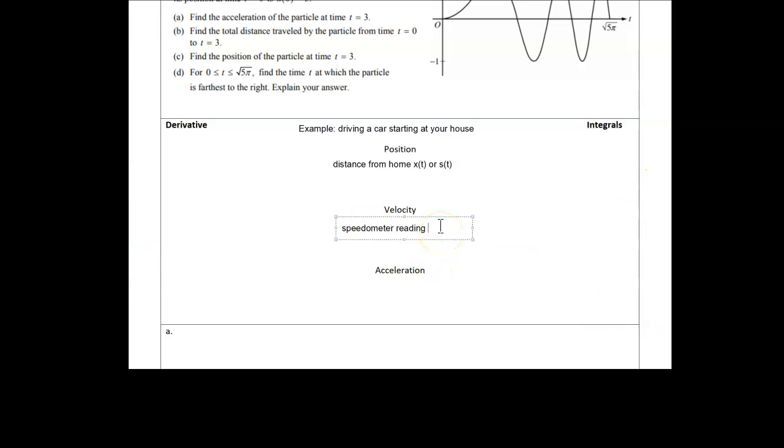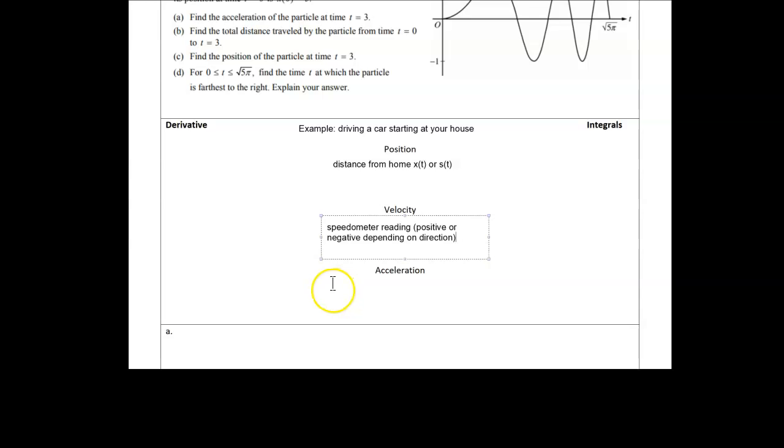The only catch is this can be positive or negative, depending on direction. So we think of positive velocity as moving to the right, or negative as moving to the left, as we saw before, or we can think of it as just moving towards home or away from home in this example.